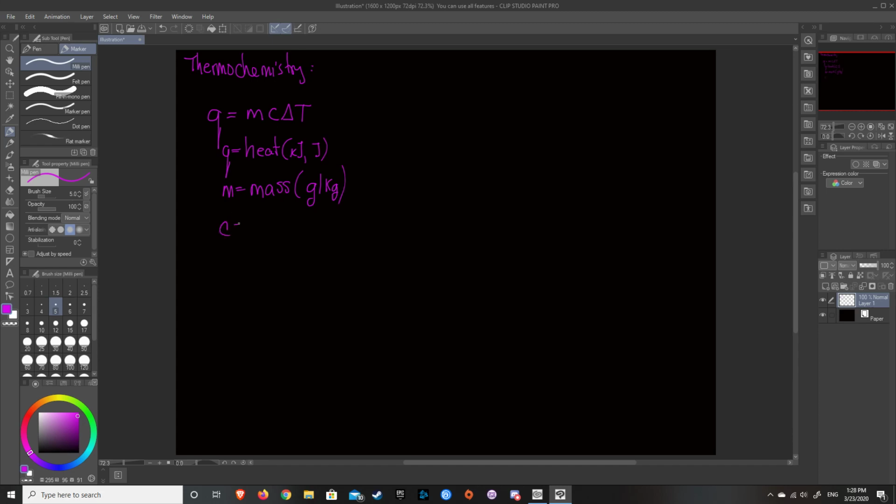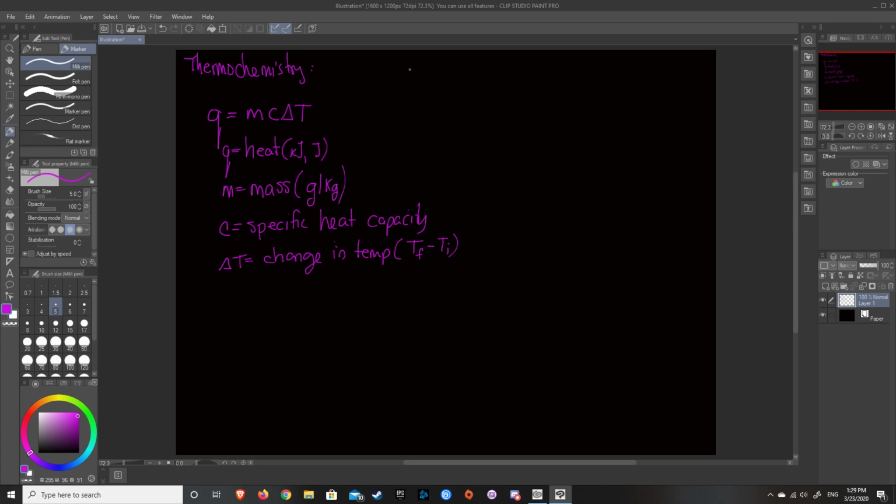We've got C, which is the specific heat capacity, which we're going to define in a second. And delta T is equal to the change in temperature. So that's T final minus T initial.